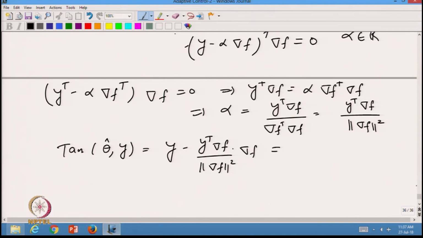So this can also be written as, since this is a scalar, we can always take the transpose of this, and we get y transpose del f is in fact del f transpose times y, right.